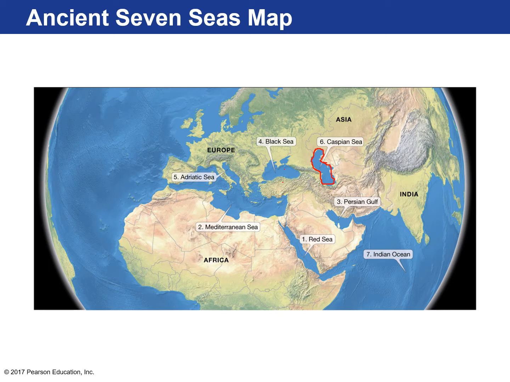Here's the Black Sea, here's the Mediterranean Sea, the Adriatic Sea right here, Red Sea, the Indian Ocean, and the Persian Gulf. And so historically, the reason why these are named the 7 seas is this is largely where civilizations existed that had written history and navigated the oceans, and so they kind of traveled in these areas, and that's why they named them the ancient 7 seas.